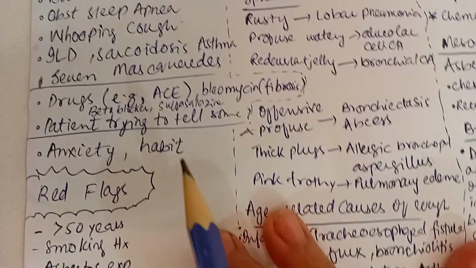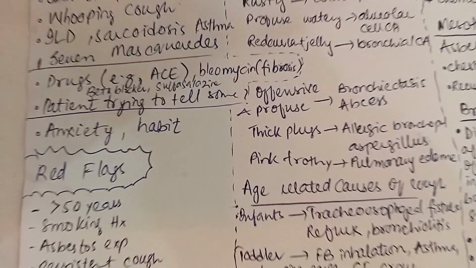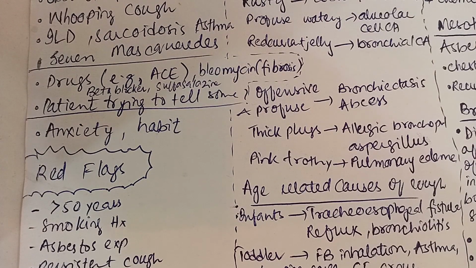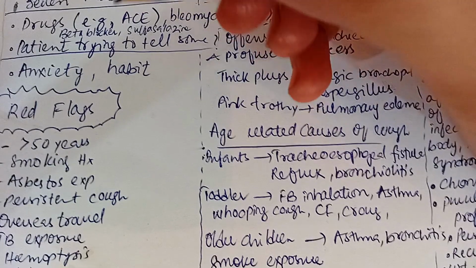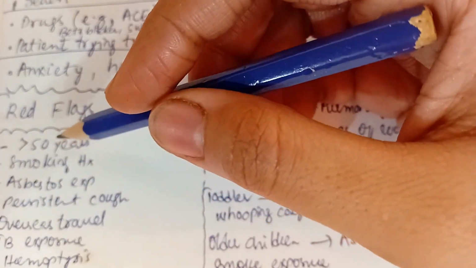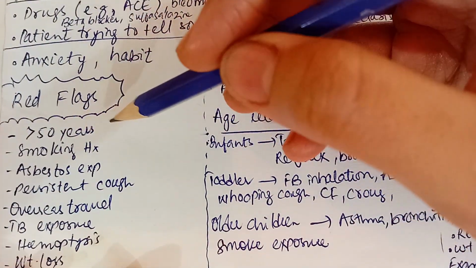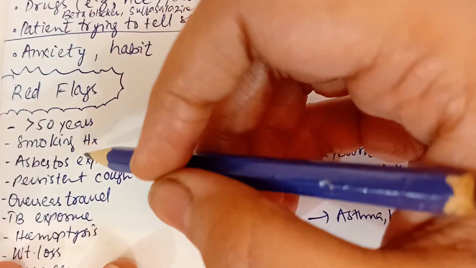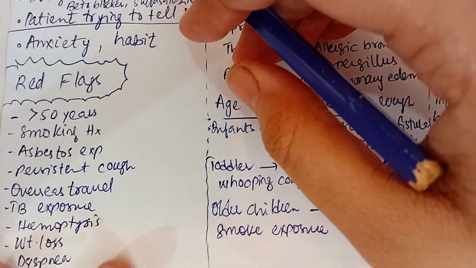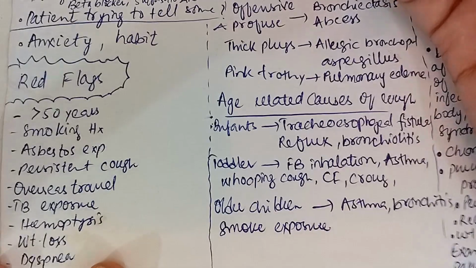Then we have red flags, which should not be missed, and we have to look for these red flags in every patient who is coming with cough. Especially if the onset of cough is in a patient more than 50 years old, with a smoking history and asbestos exposure history, complaining of persistent cough.